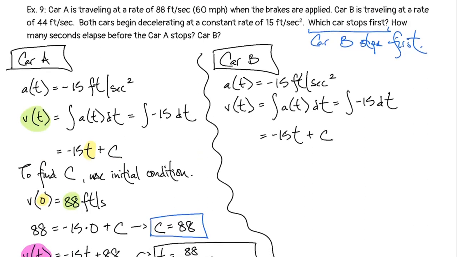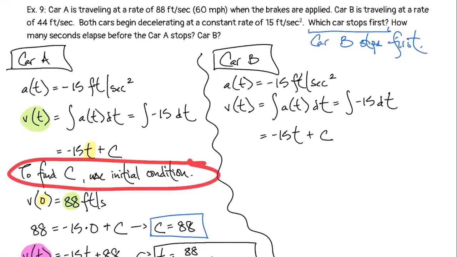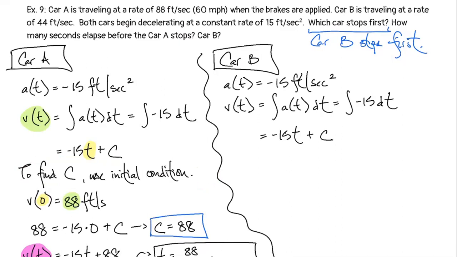Now let's look at what we did next. We found C using the initial condition. What is our initial condition?